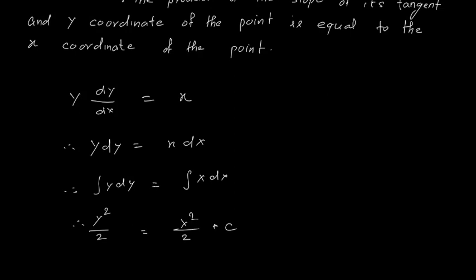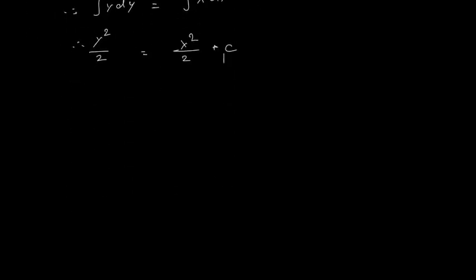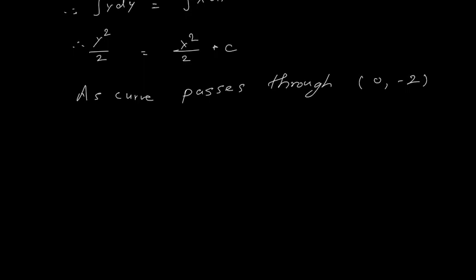Now the curve passes through (0, -2), so we say that (-2) squared divided by 2 is equal to 0 + c. Therefore 2 is equal to c.